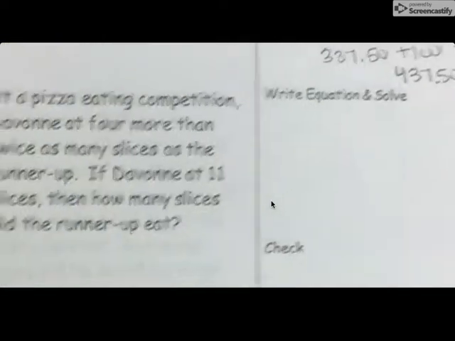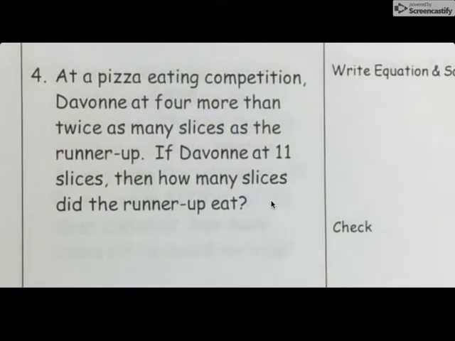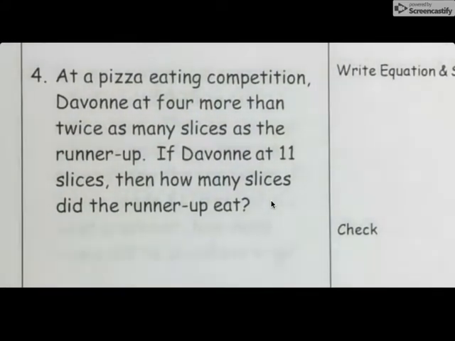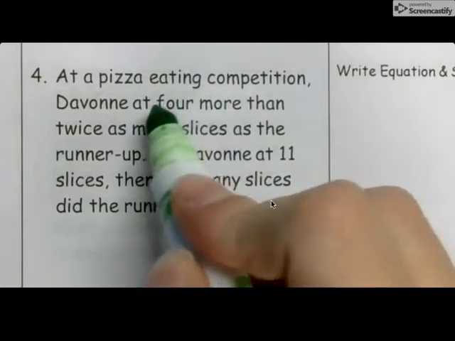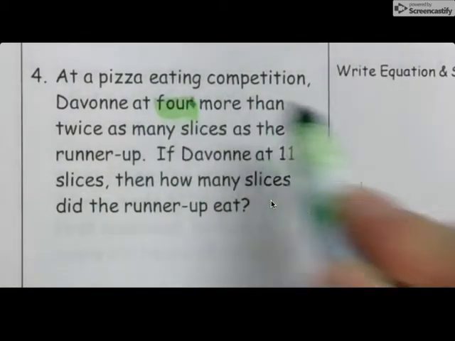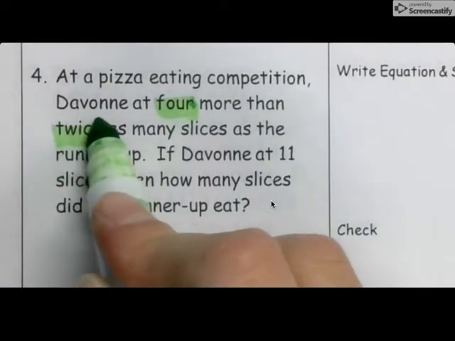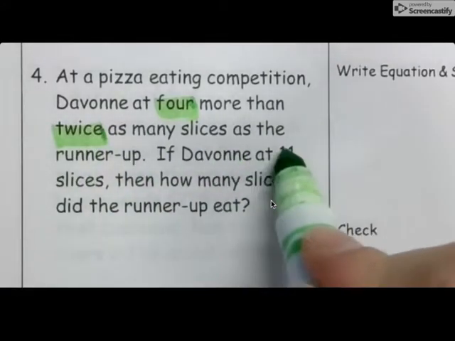Now looking at number 4. At a pizza eating competition, Devon ate 4 more than twice as many slices as the runner-up. If Devon ate 11 slices, how many slices did the runner-up eat? So he ate 4 more than twice as many slices, and that's 11.